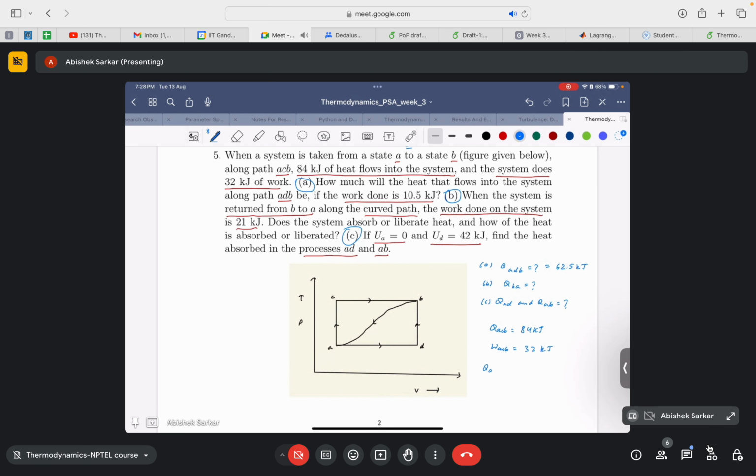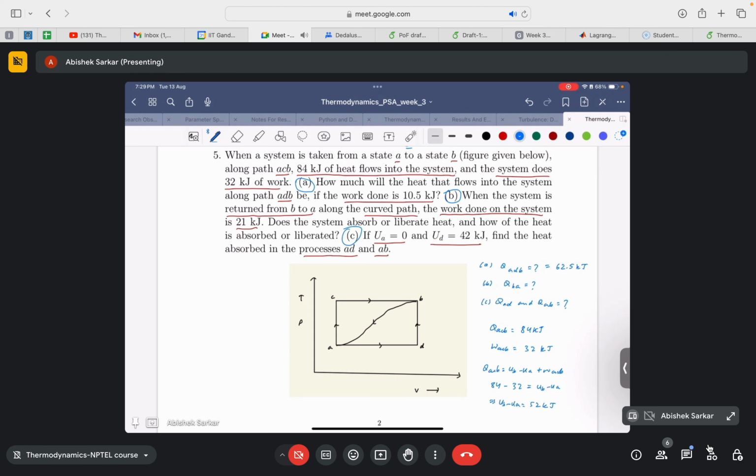Then QACB would be equal to UB minus UA plus WACB, which would give 84 minus 32 is equal to UB minus UA, which will give us UB minus UA is equal to 52 kilojoule.